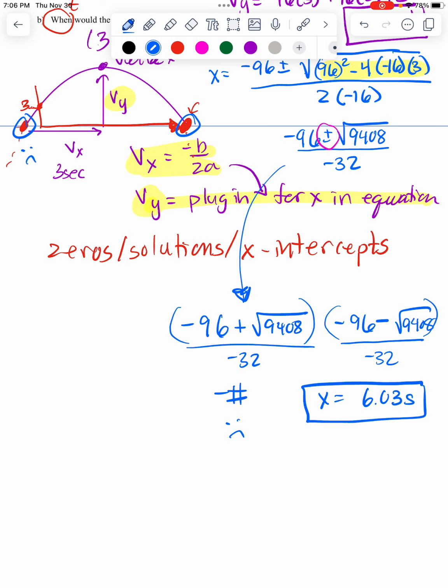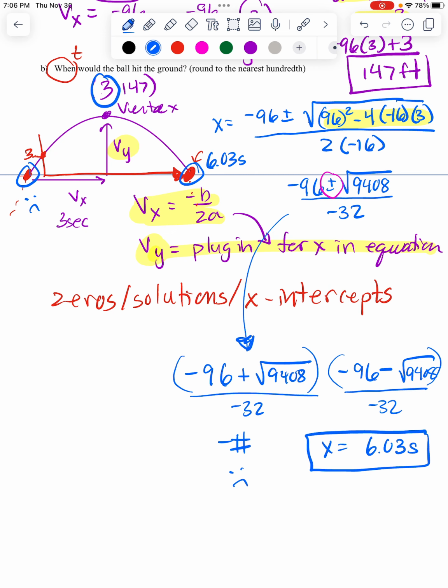And if I have 6.03 seconds, then that is this one over here. So it was in the air that long. Now you'll notice before we used to just double this, but because it didn't start on the ground, that's not perfectly accurate. It's really close, but it's not perfectly accurate. So now we're using that quadratic formula to find the exact spots. So hopefully that helps. That is the end of the chapter.